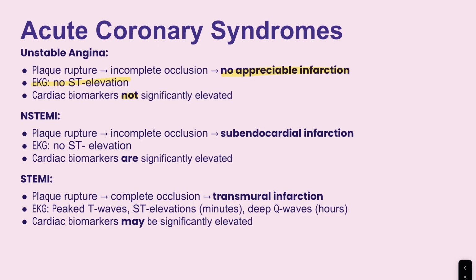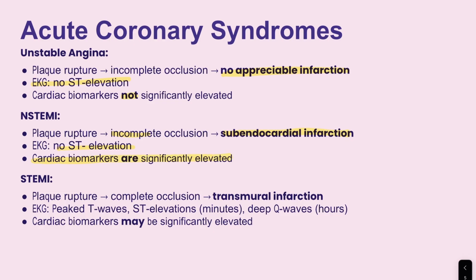Whereas in NSTEMI, or non-ST elevation myocardial infarction, same thing, we've got the plaque rupture. We also have that incomplete occlusion, but we're going to have a subendocardial infarction. That's the key difference here, okay? So we may still not see that ST elevation, but when we look at our cardiac biomarkers, they are going to be elevated.